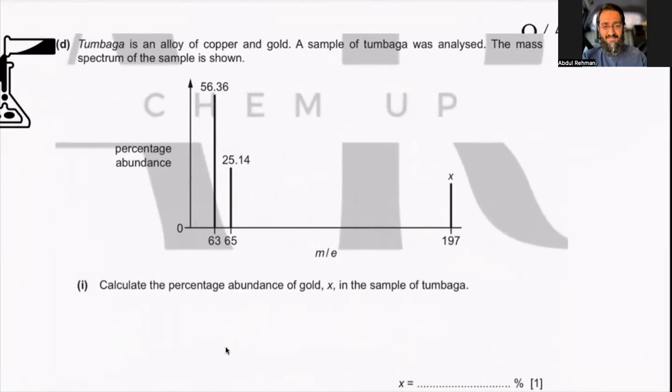80.5, 18.5. Yep. Is that what you are getting?